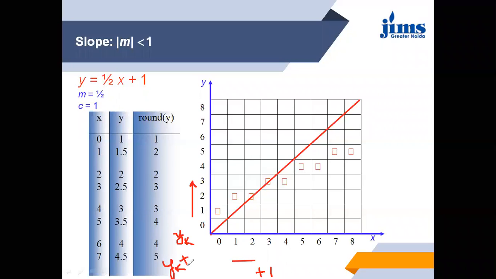Meaning when I draw this pixel first, suppose I draw 0 and 1, then in the next step I have to choose which pixel to draw, this one or this one. So I will show you by solving this example.